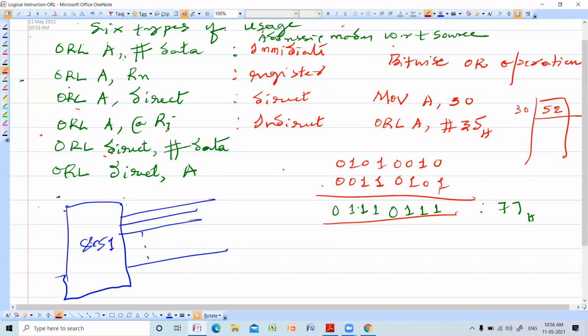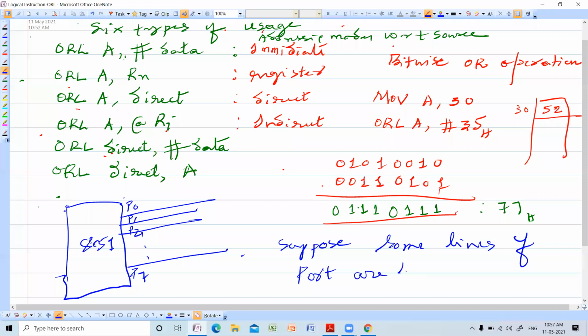So this is P0, P1, P2, for example this is P7. Suppose some lines of the port are to be set.